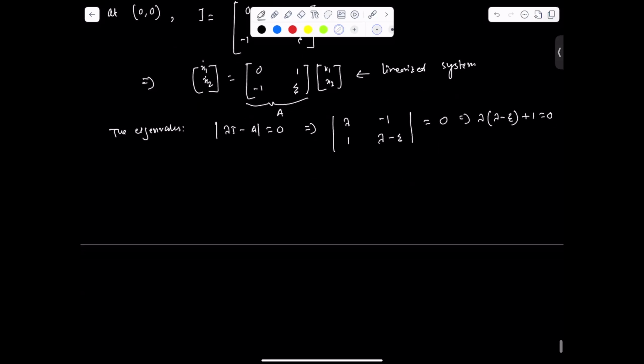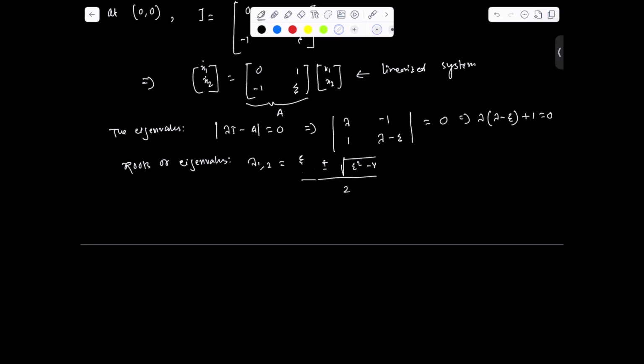And the roots or eigenvalues, lambda 1, 2, we can write as zeta plus minus square root of zeta squared minus 4, divided by 2, right?